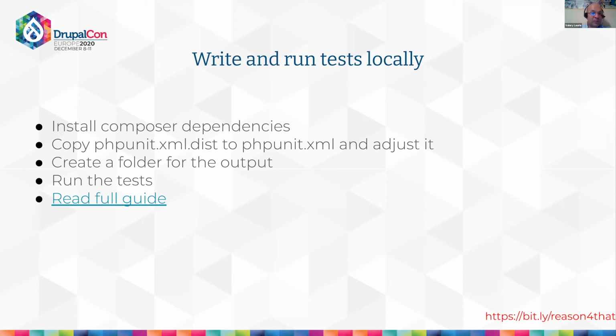Then you need to copy phpunit.xml.dist to phpunit.xml in the root of your project and add database credentials and site name, because obviously the phpunit.xml file shipped with Drupal core is not aware of your local credentials. Then you should create a folder for the output and run the tests.